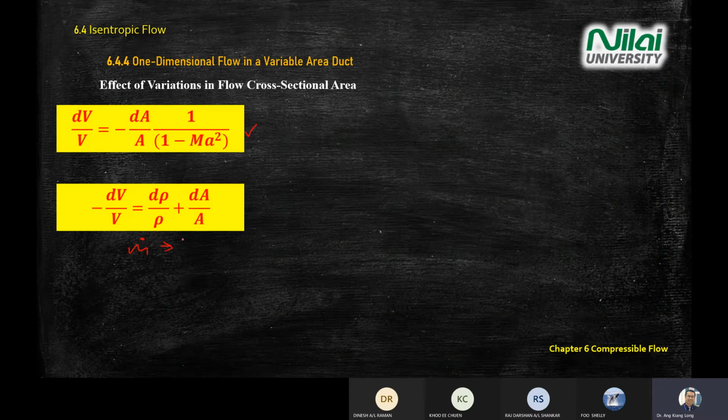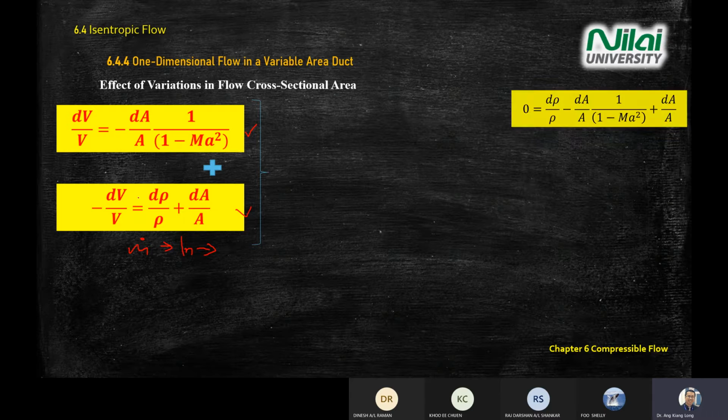Remember just now, Mach number changed to log. Then you differentiate it, you get this form. Now you combine these two equations. You take the first one plus the second equation, which means you cancel out the terms.